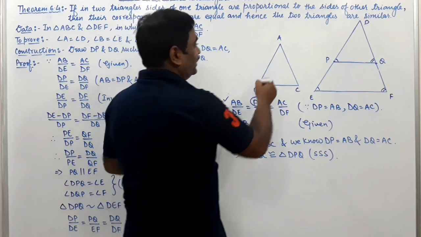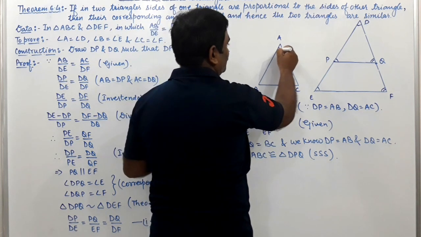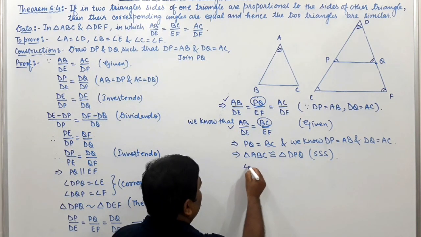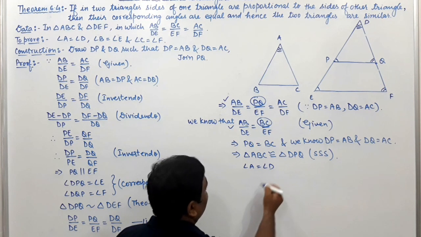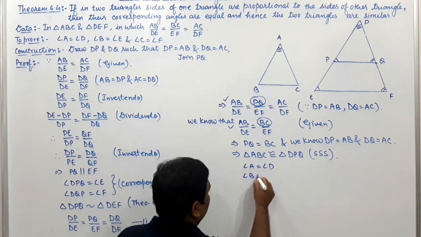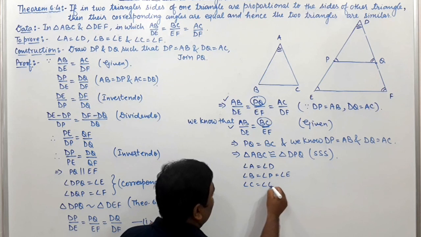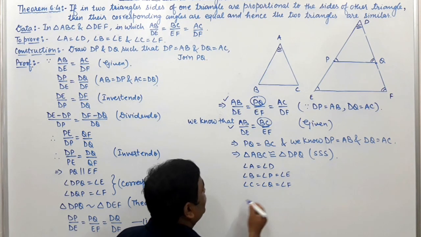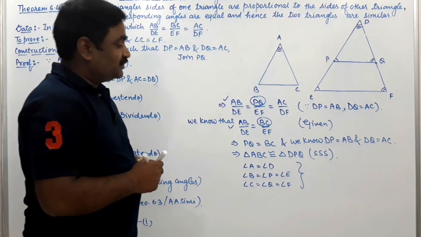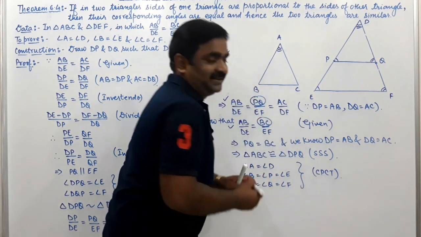Therefore angle A equals angle D, angle B equals angle P equals angle E, and angle C equals angle Q equals angle F. So all the corresponding angles are equal, and you can say this by CPCT, corresponding parts of congruent triangles.